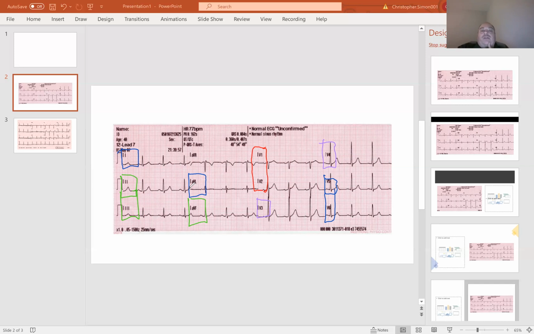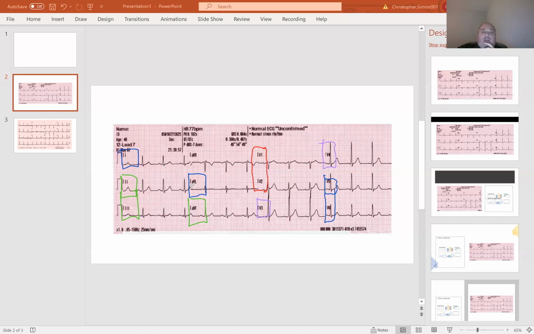Well, the reason is that the anterior portion of the heart is perfused by a different coronary artery than the lateral portion, which is perfused by a different coronary artery than the inferior portion. Okay.